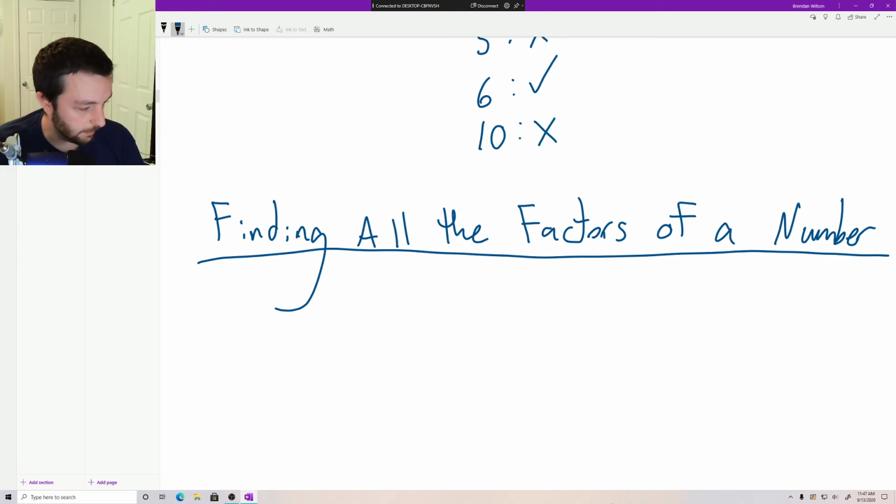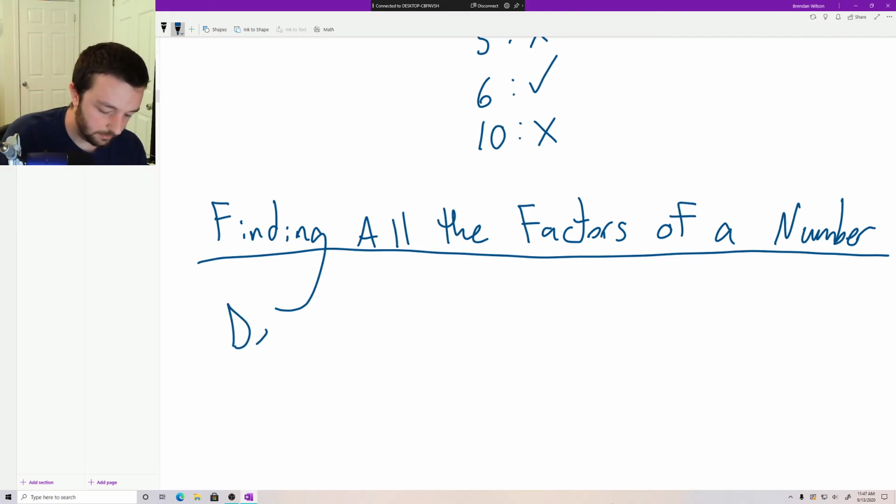So the factors of a number. Factors and multiples are very similar in divisibility. Here's our definition.